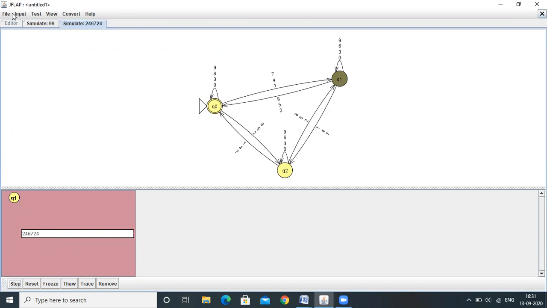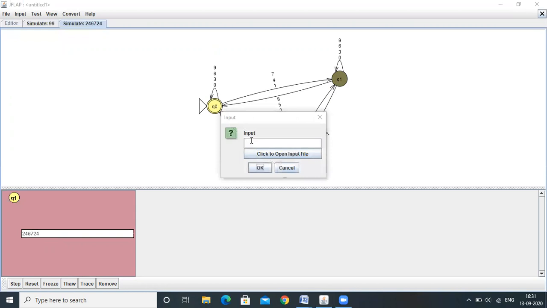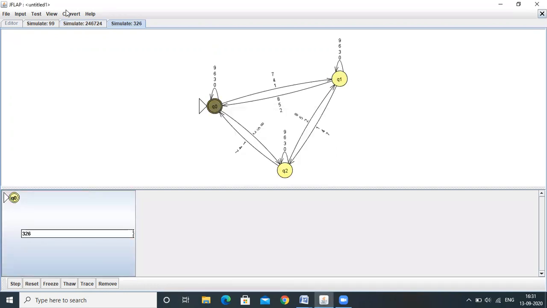Okay, let's take another input: 326. Q0 on 3 stays in Q0 only. Q0 on 2 will go to the Q2 state. Q2 on 6 is again in the Q2 state only. So it is rejected.